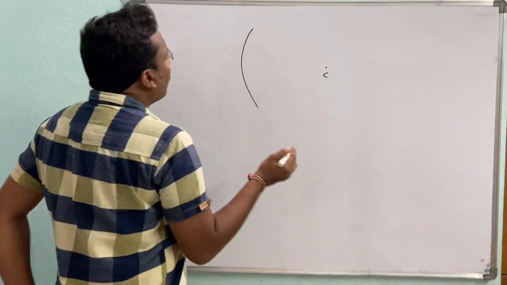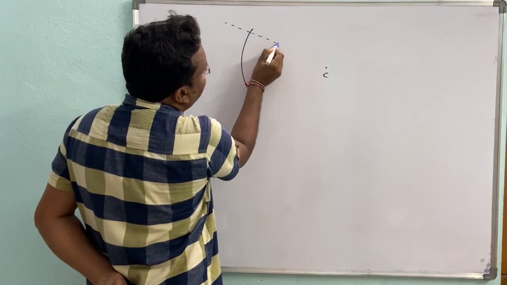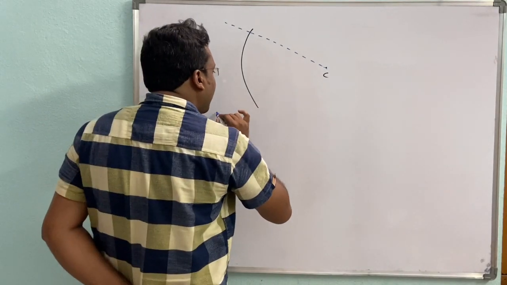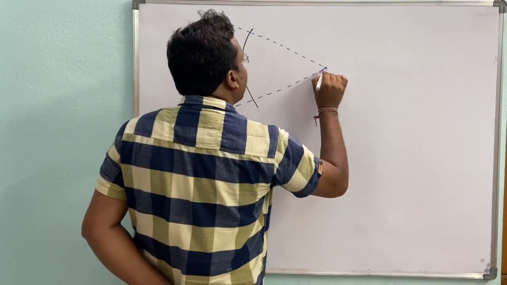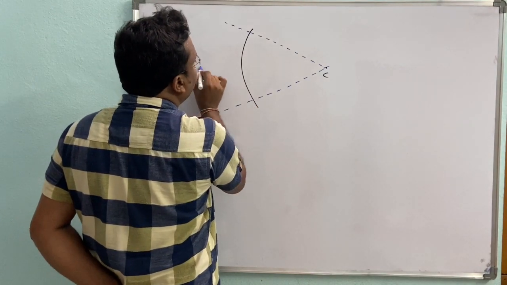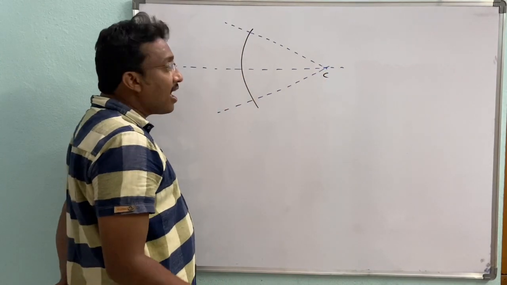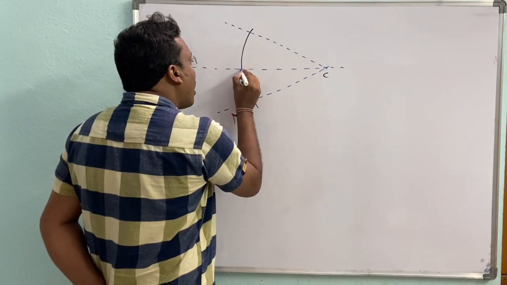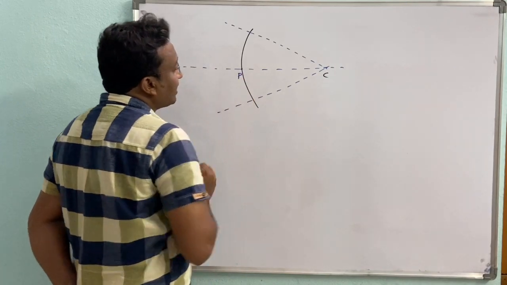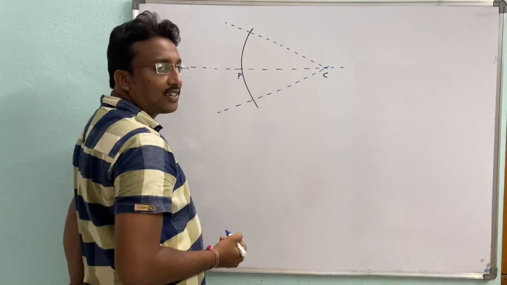I have drawn one normal to the curved surface, and it meets at the center of curvature only. The midpoint of this curved surface is called the pole.